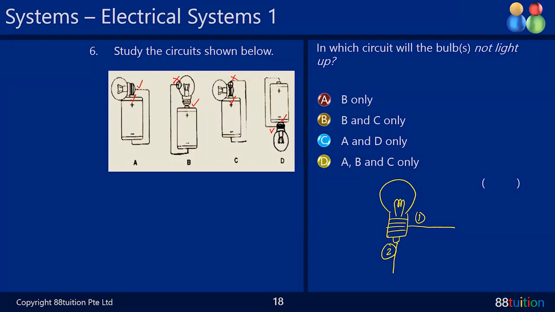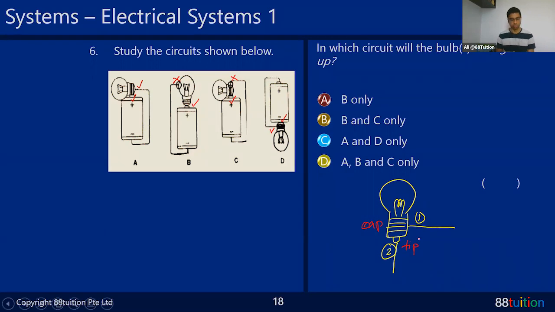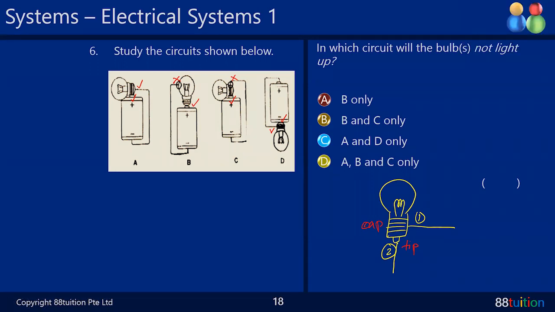Yes. So wires must touch the metal cap and must touch the tip. So in which of the diagrams is it touched wrongly? B and C. Very good. Thanks. So it's quite easy actually, right, Aishwarya? Okay, she's got it. B and C are wrong.